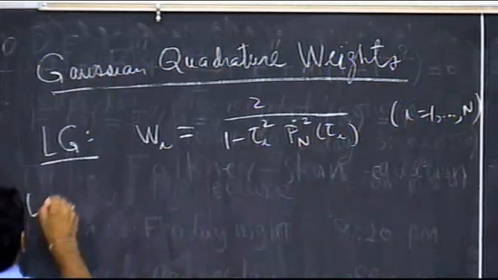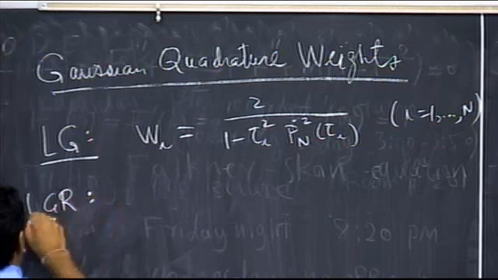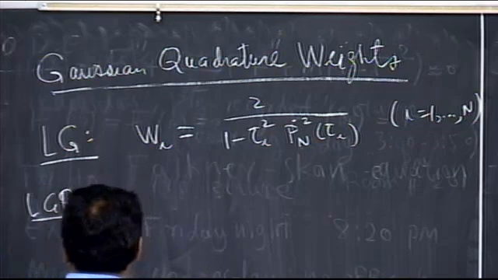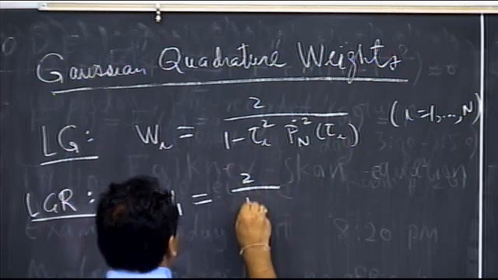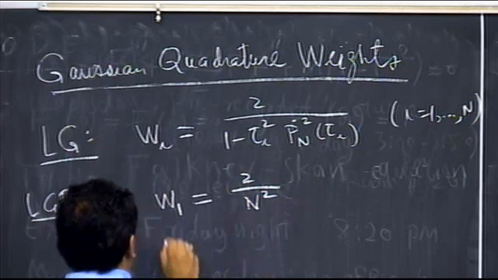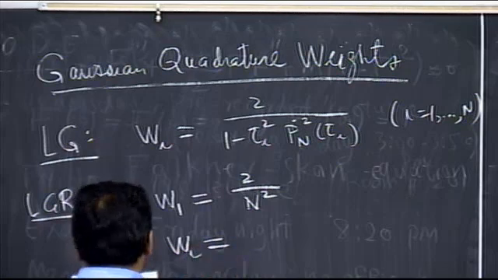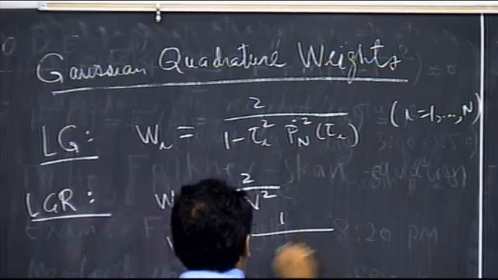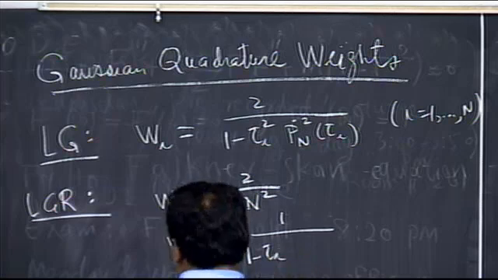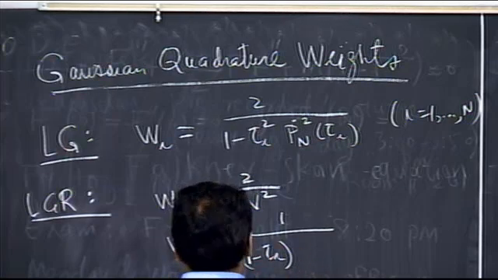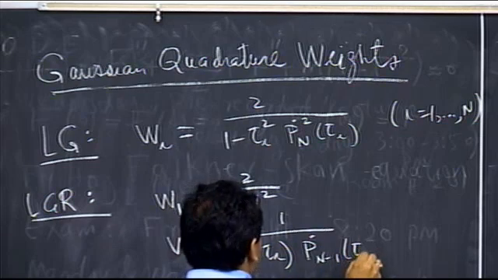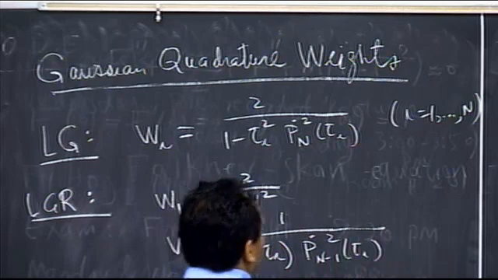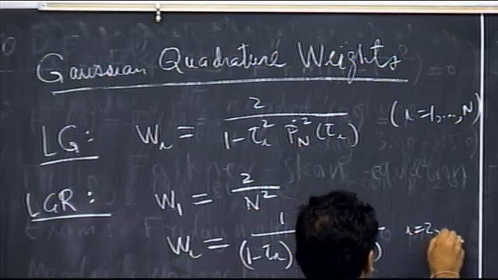For LGR, the weights are W1 is equal to 2 over n squared, and Wi is equal to 1 over 1 minus tau I times P n minus 1 dot of tau I squared, and this is for I equals 2 up to n.